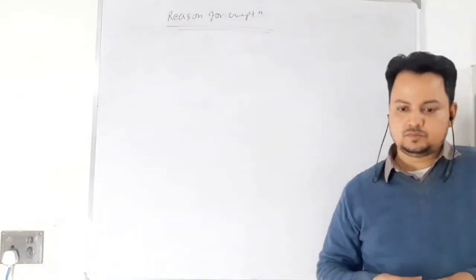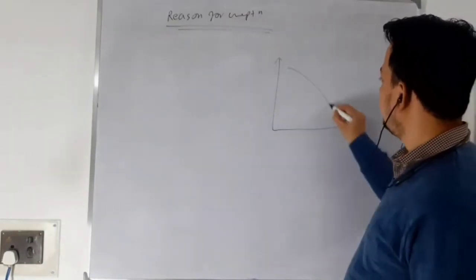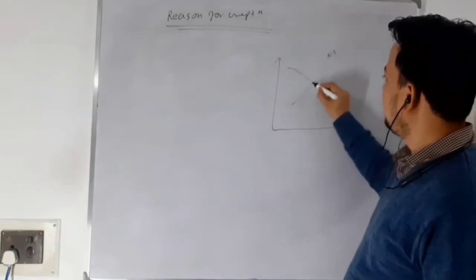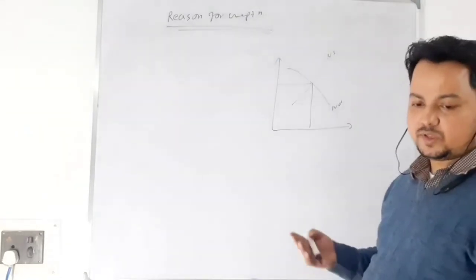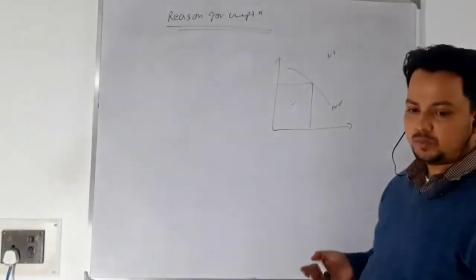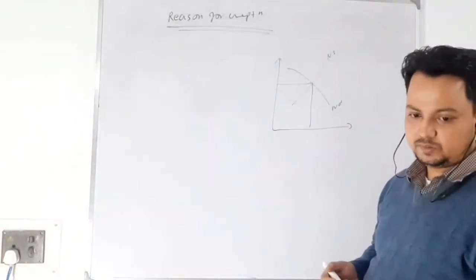If you remember, this is the demand for labor, this is the supply of labor, and then we have equilibrium. Apart from voluntary unemployment and frictional unemployment, what is the reason that we have unemployment in the economy?